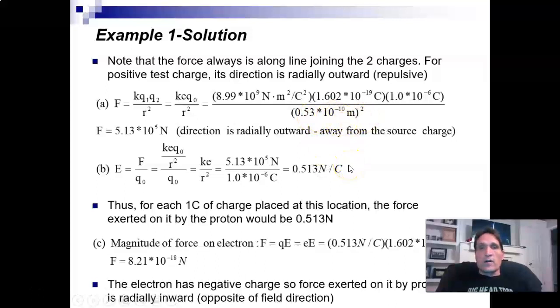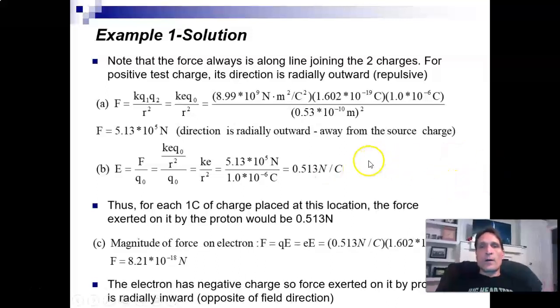Okay, so if we place 2 coulombs of charge at this distance, it would be 0.513 newtons per coulomb times 2 coulombs. That 2 coulomb charge would experience a force of 1.026 newtons. And if we place 3 coulombs of charge at that location, it would experience a force of 3 times 0.513, which is 1.5 newtons.